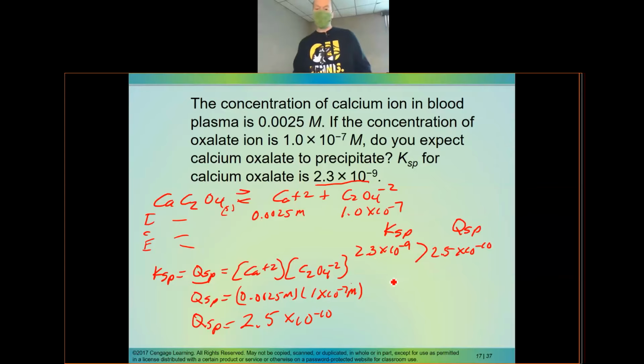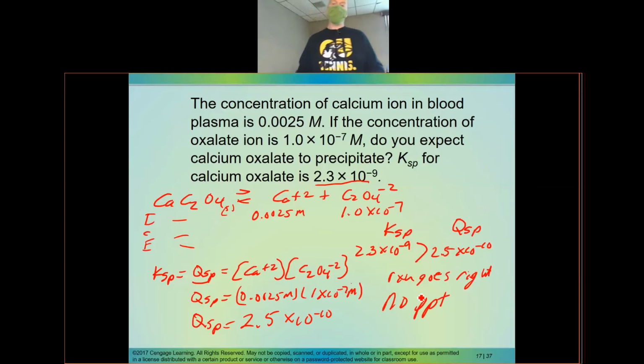So the reaction goes right, and that means no precipitate. When it goes to the right, you're not forming precipitate. That is aqueous. When you're going to the left, then you are forming this solid called a precipitate. So there is no precipitate when you have those two initial concentrations.